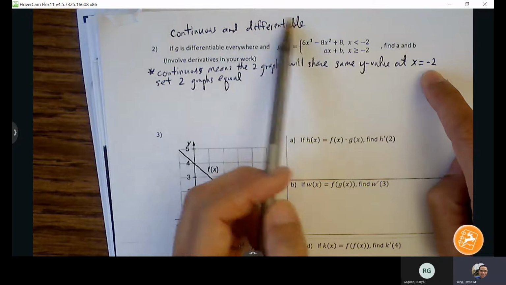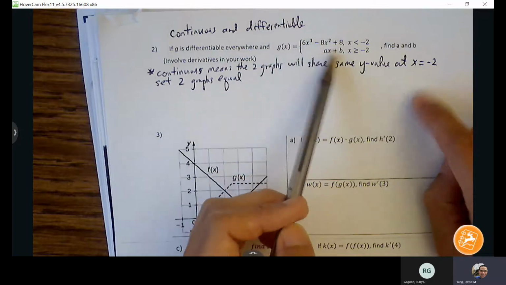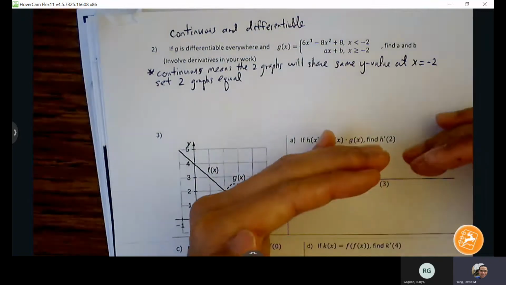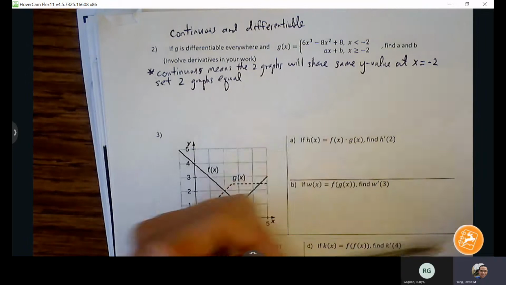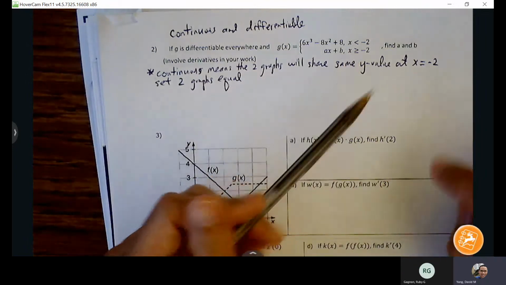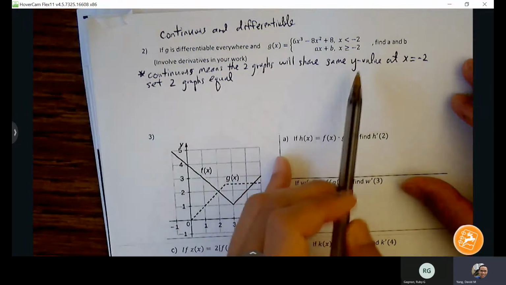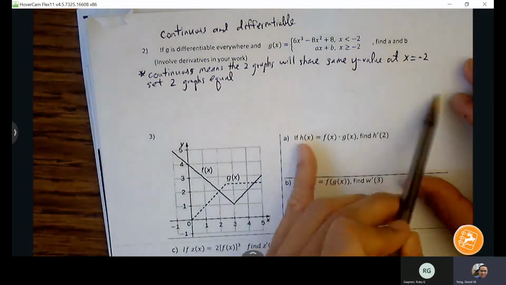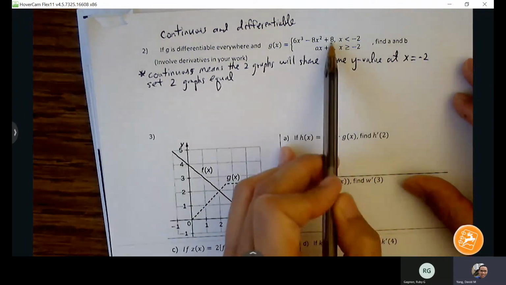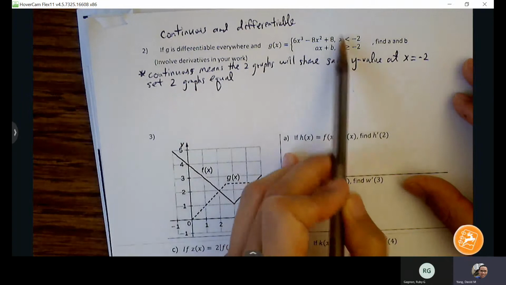The differentiable portion tells us that these 2 graphs will not only connect, but they will connect in a way where there's a smooth transition in the graph. So there's not going to be a sudden jerky slope change from one graph to the next. It's going to be a smooth transition.